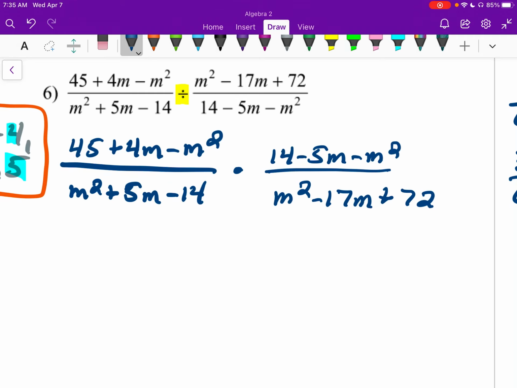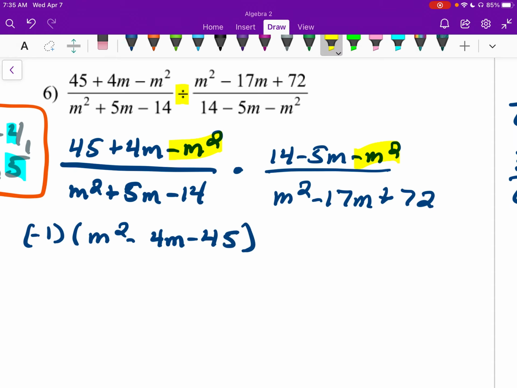Alrighty. Now, we've got these top pieces where we have a negative m squared on both of those. I don't know how to factor that, so what I'm going to do is change them to positives by taking out a negative. So this first piece will be negative 1 times, what will that be? m squared minus 4m minus 45, right?